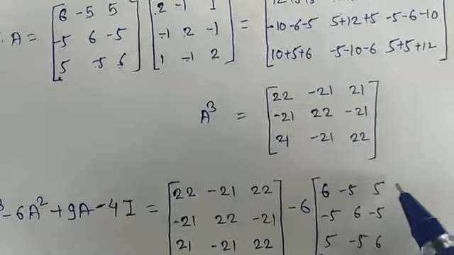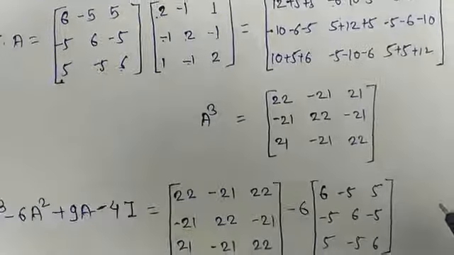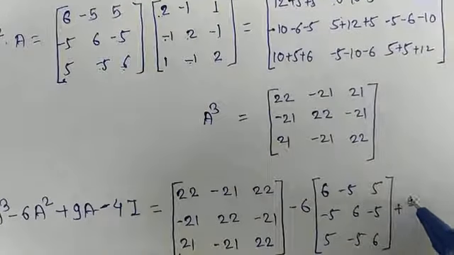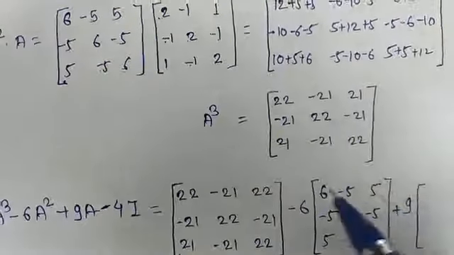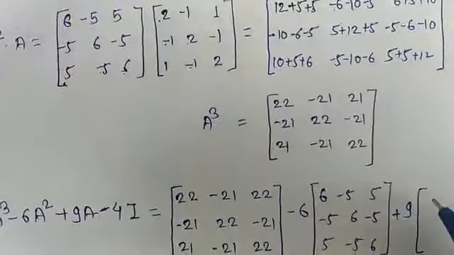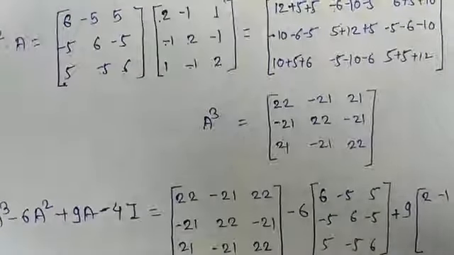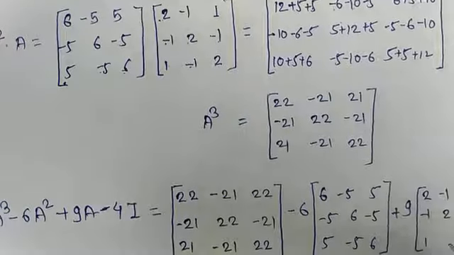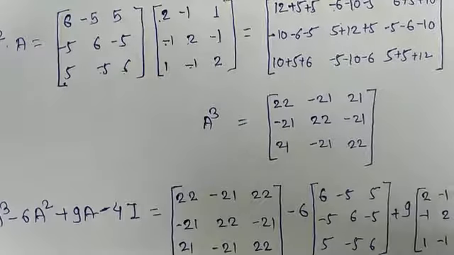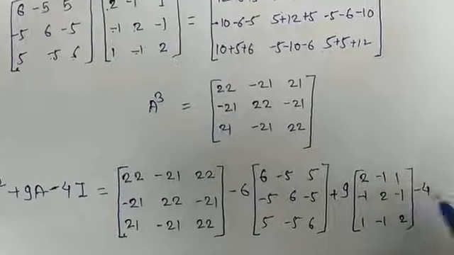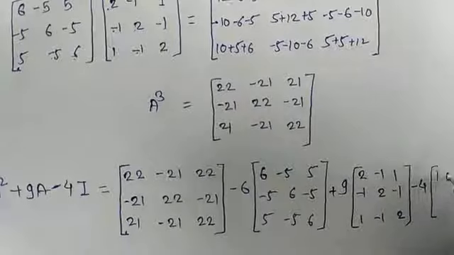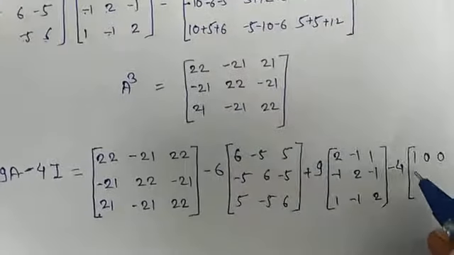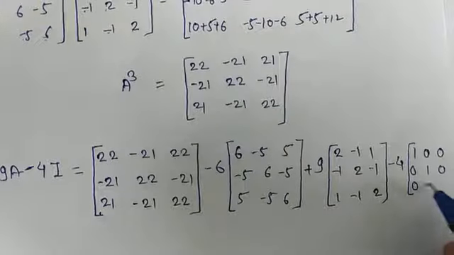Next, plus 9 into matrix A, which is here 2 minus 1 1, minus 1 2 minus 1, 1 minus 1 2, minus 4I, minus 4 into identity: 1 0 0, 0 1 0, 0 0 1.